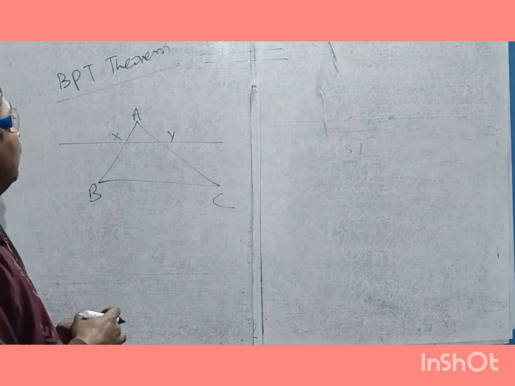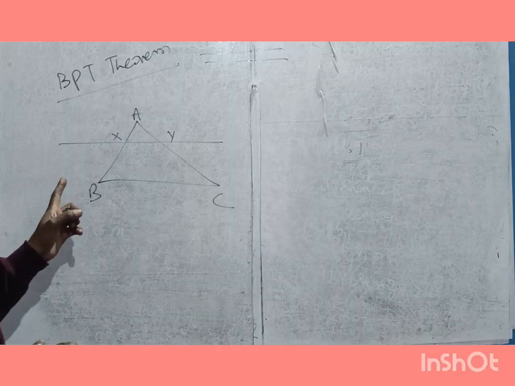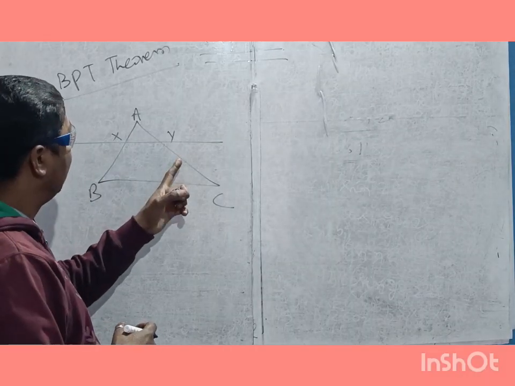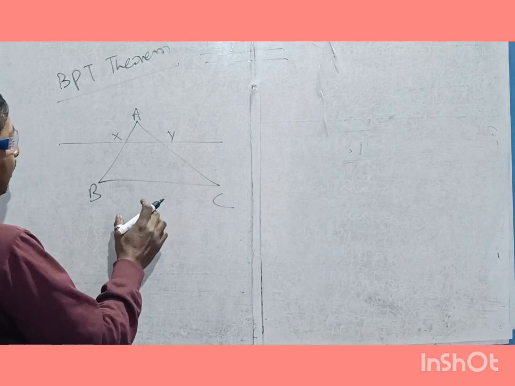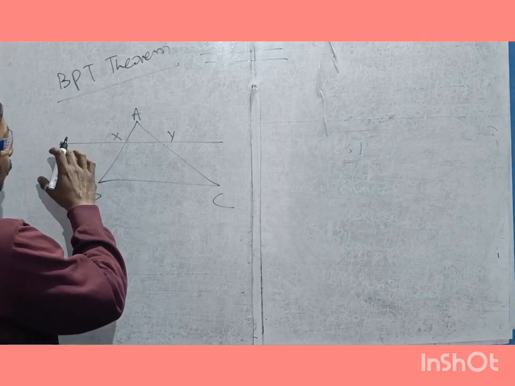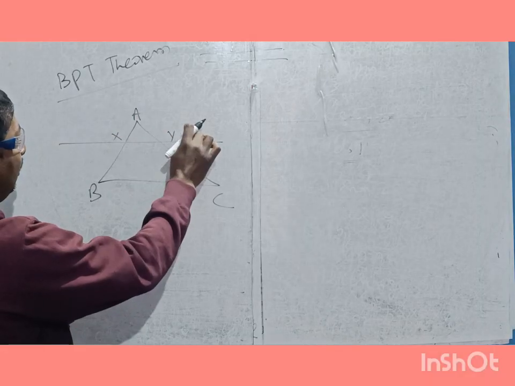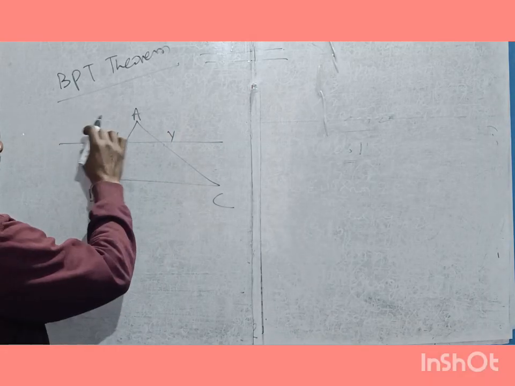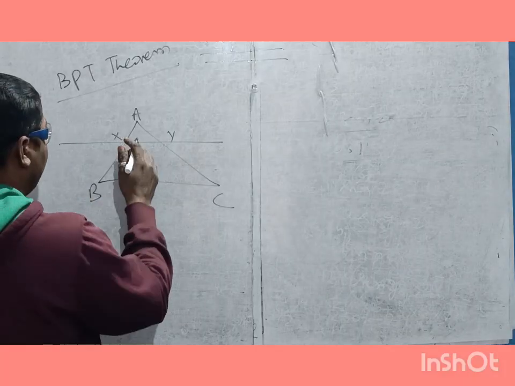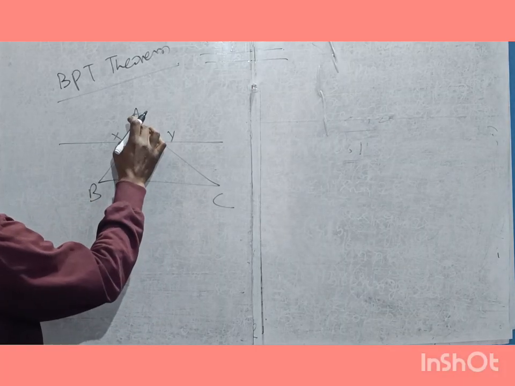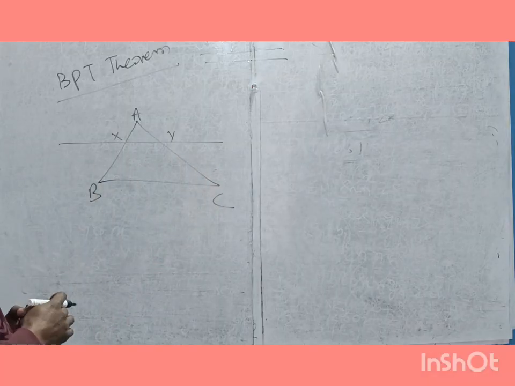It means that a parallel line cuts 2 sides of a triangle proportionally, in the same ratio. It means that AX by BX will be equal to AY by CY.